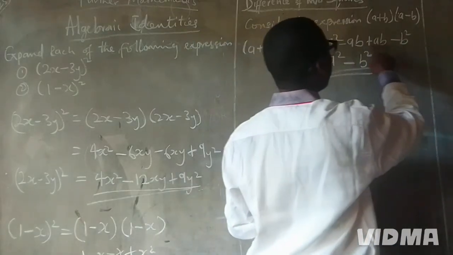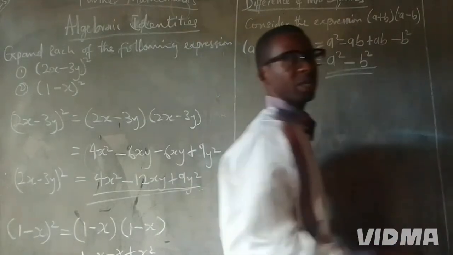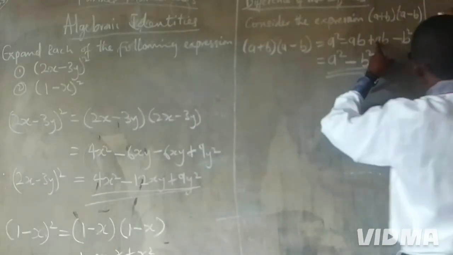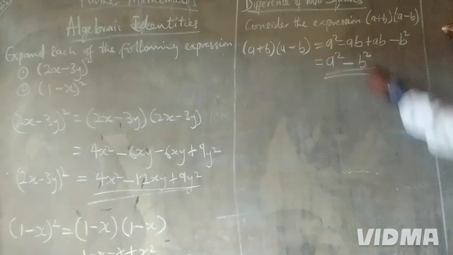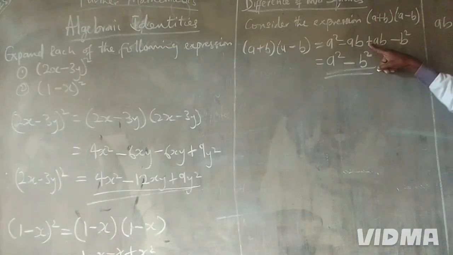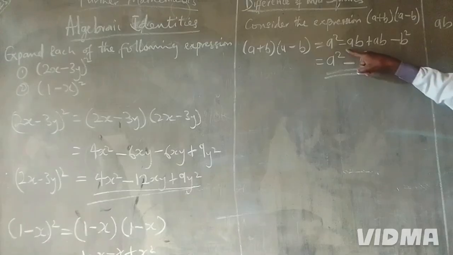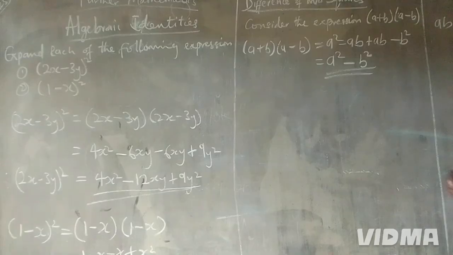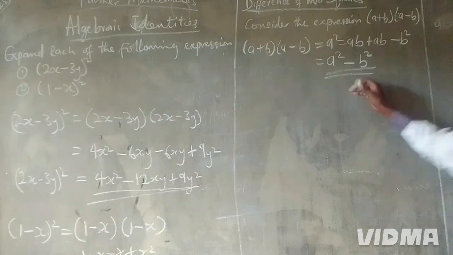It becomes ab minus ab. If I bring this positive ab, I take it to the front, it becomes ab, because there is plus there. Then this minus, where is the minus ab? I now take it to the back. Is it not minus ab? ab minus ab. 0. Do you get the trick? Do you get it? All right. So this is our answer.